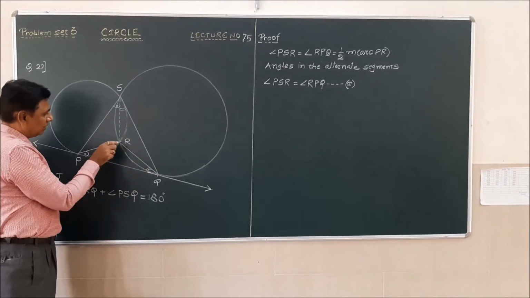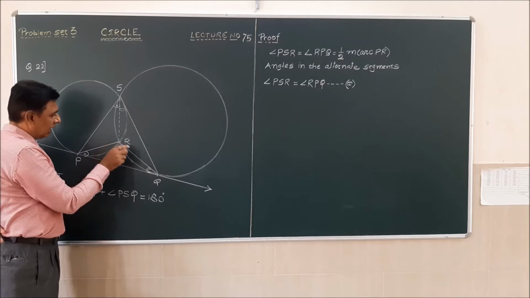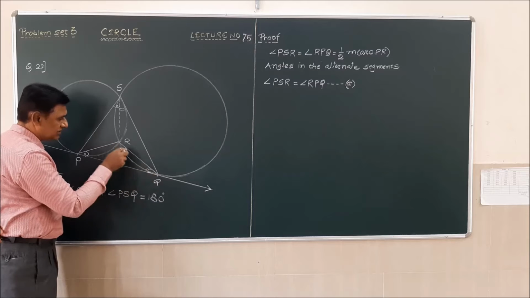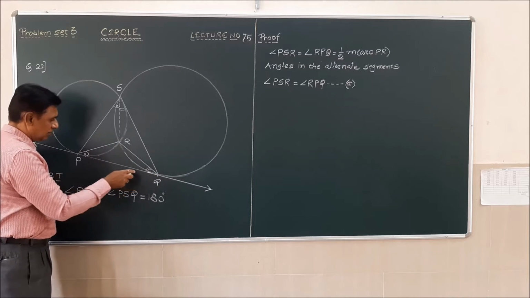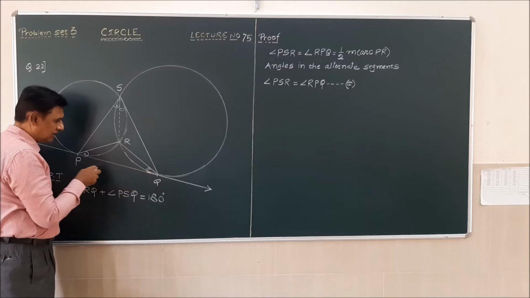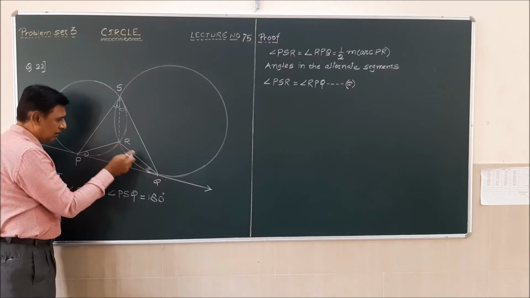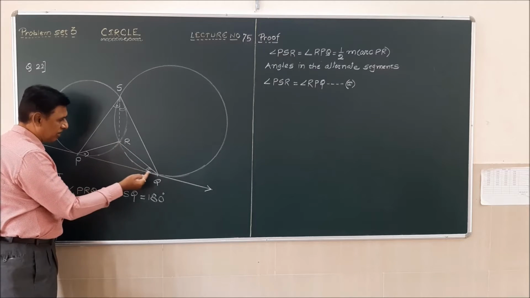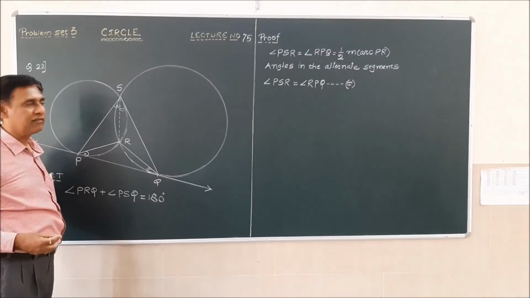In the same manner, we will find angle RQP. This RQ is a secant and PQ is a tangent, so by the tangent-secant angle theorem, angle RQP is equal to half arc QR.